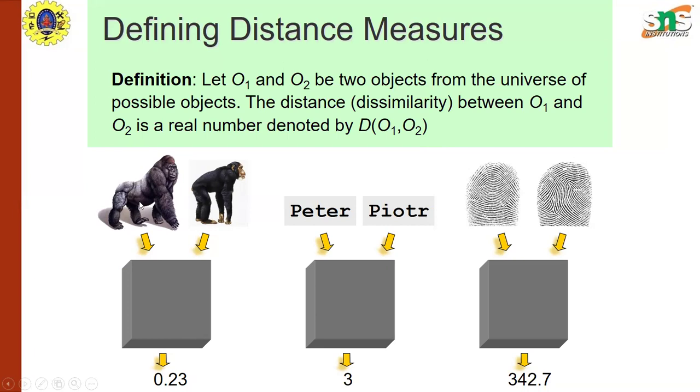Here you can consider the two symbols, with a distance measure of 0.23. Like that, Peter and Piotr, what is the difference? Then likewise for the thumb impression.